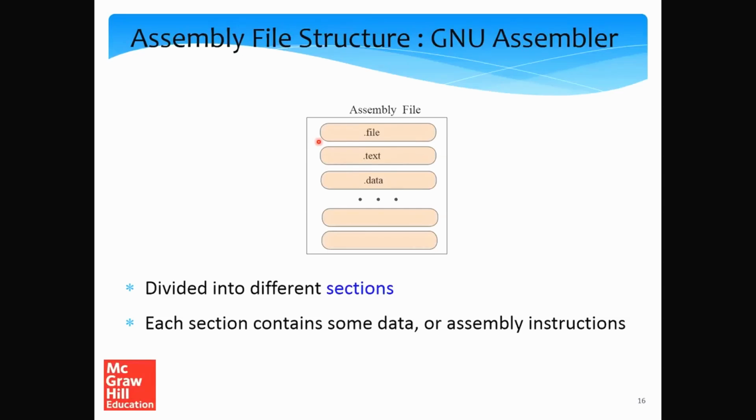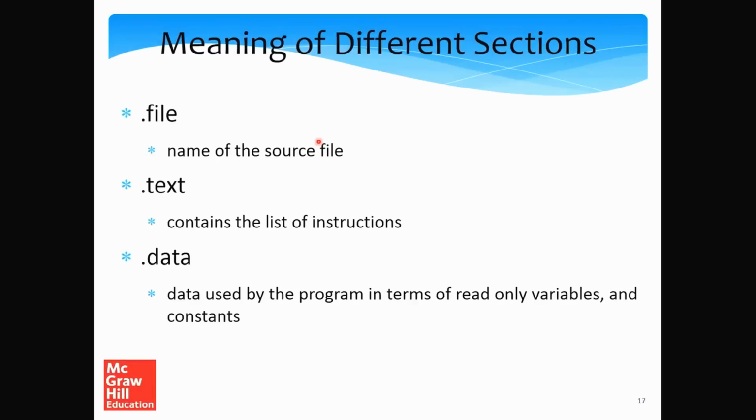In the GNU assembly case, these identifiers are .file, .text, and .data. As mentioned in the previous slide, .file refers to the name of the source file, the text section contains a list of instructions, and the data section contains the values of read-only variables and constants.